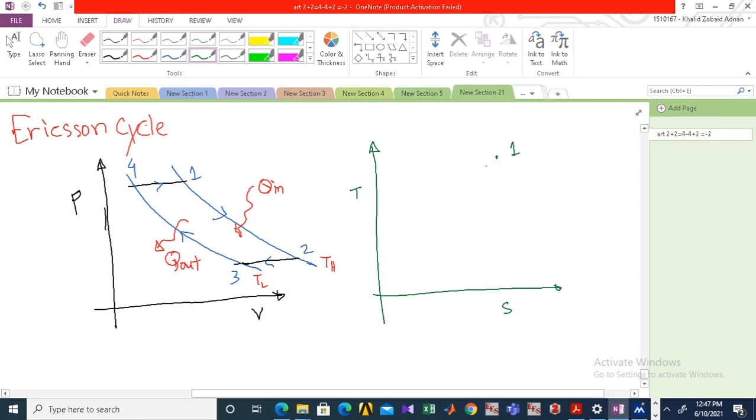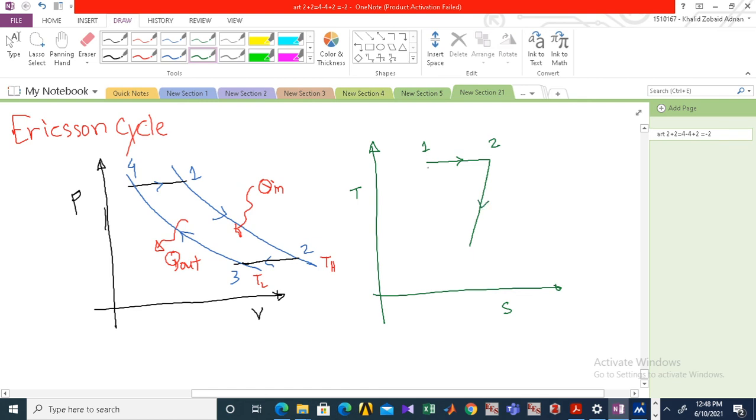and 2, right? So from 1 to 2 the temperature will be the same. From 2 to 3, the pressure will be the same, and again since 2 to 3 is lowering the temperature, the entropy will decrease.